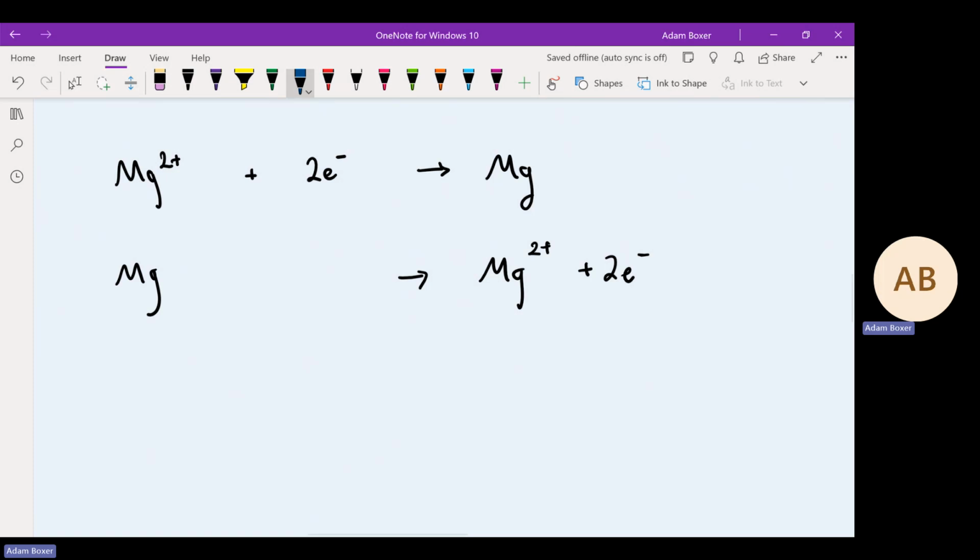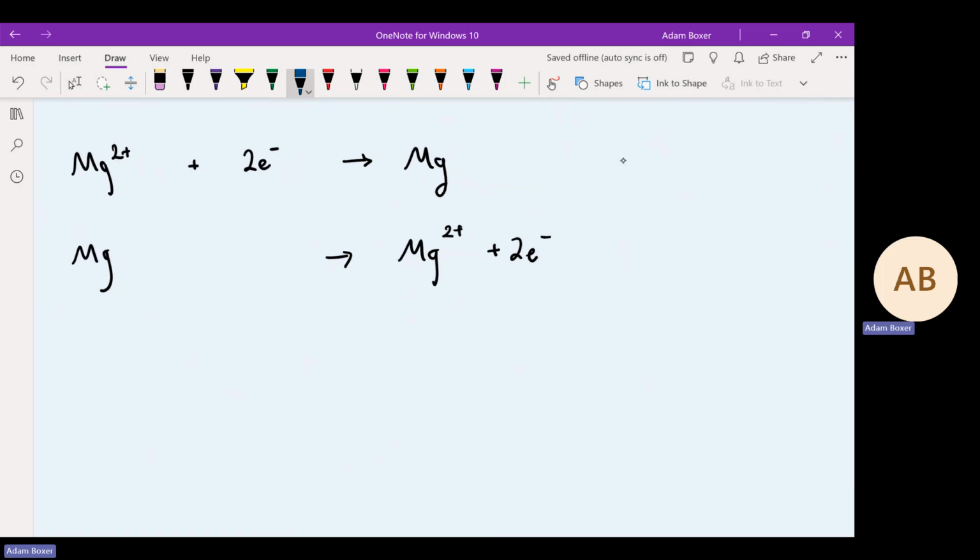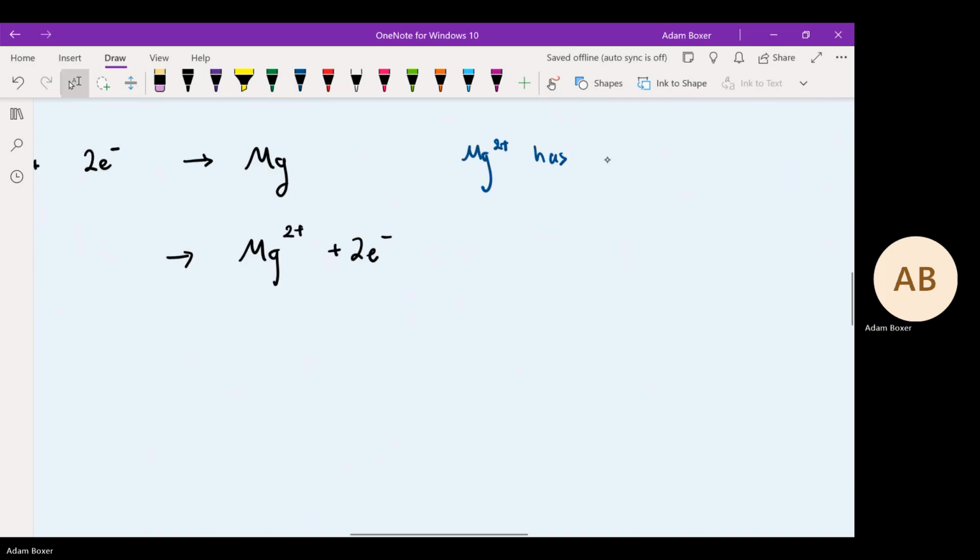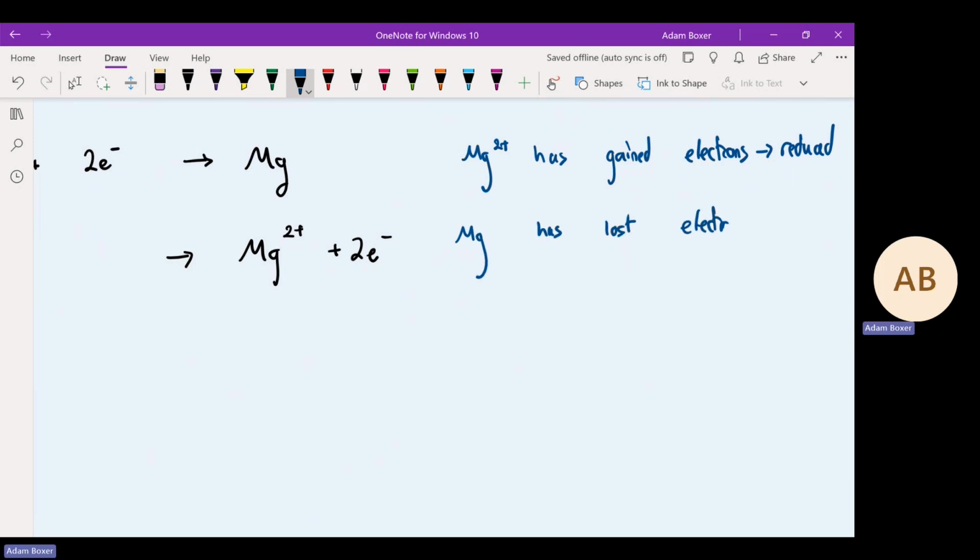So I'm hoping that what you wrote here is that Mg2 plus has gained electrons, has been reduced. And here you can write Mg has lost electrons, it's been oxidized.